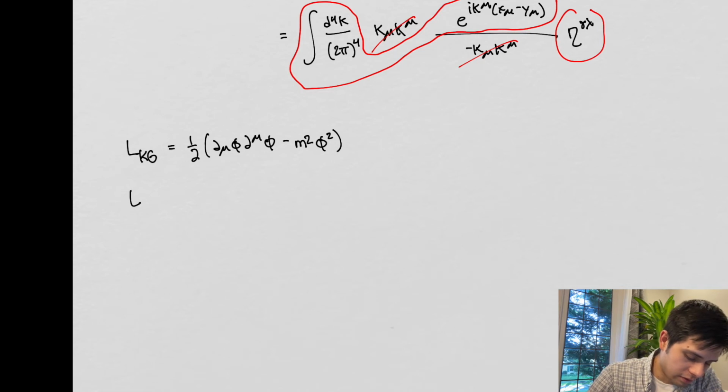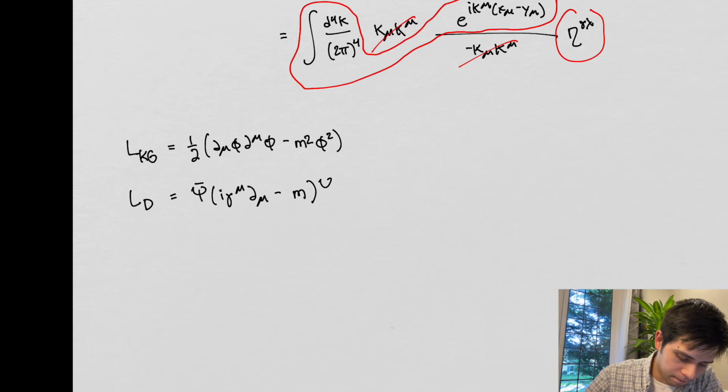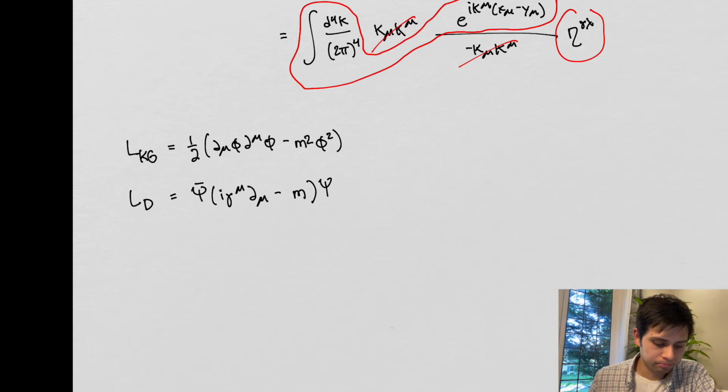Here we have, and for our Dirac Lagrangian, let's see, just to make sure I don't get it wrong here. Sometimes, here we go. So for our Dirac Lagrangian, we had this guy here. Okay.